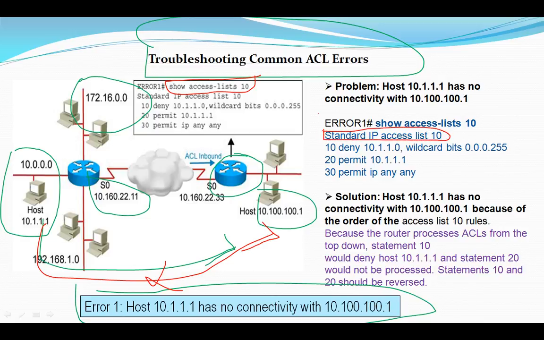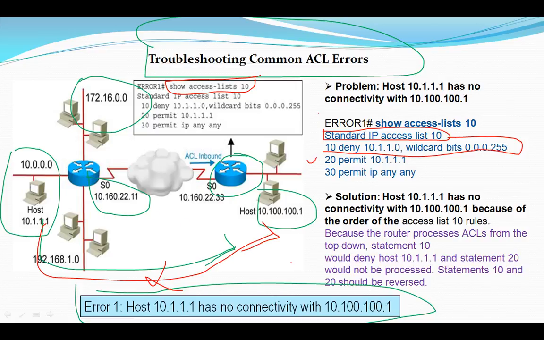The situation is like this: statement 10 shows deny 10.1.1.0 with wildcard mask 0.0.0.255, then statement 20 permit 10.1.1.1, and statement 30 permit IP any. So this is the output. Now I have to identify why it is not able to communicate with this host. So what is the solution here?